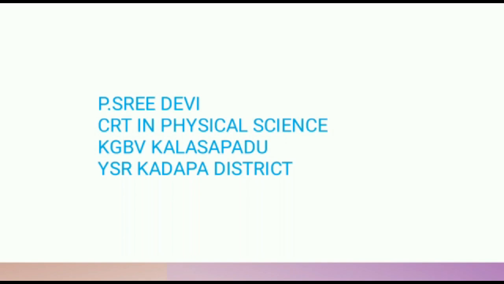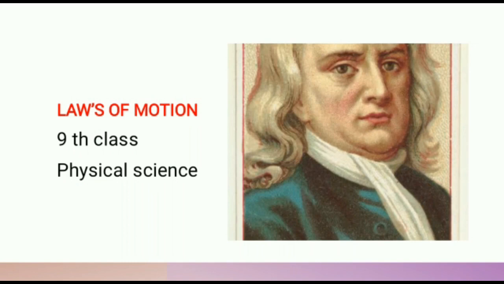In that chapter, we learned so many topics: speed, velocity, average speed, average velocity, uniform motion, non-uniform motion, acceleration, etc. Now we discuss the second lesson of 9th class Physical Science, laws of motion. In this chapter we also discuss many topics.